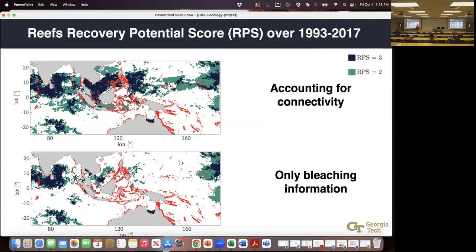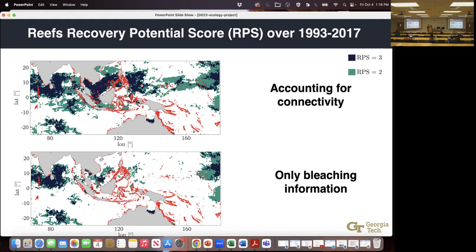And as you can see, it's good where it's green or blue. Blue is better than green. So the recovery potential is higher where you see blue, and still good where you see green. If you just consider bleaching, this is what you get. Where you don't see any color, the potential of recovery is extremely low.